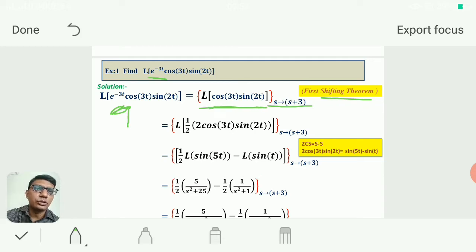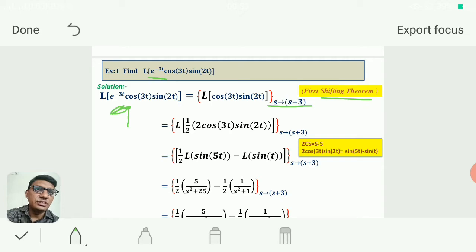Here the function is cos 3t into sin 2t. So first of all, find the Laplace of this function, cos 3t and sin 2t. To find the Laplace of cos 3t and sin 2t, first of all we have to apply the 2 cos A sin B formula.